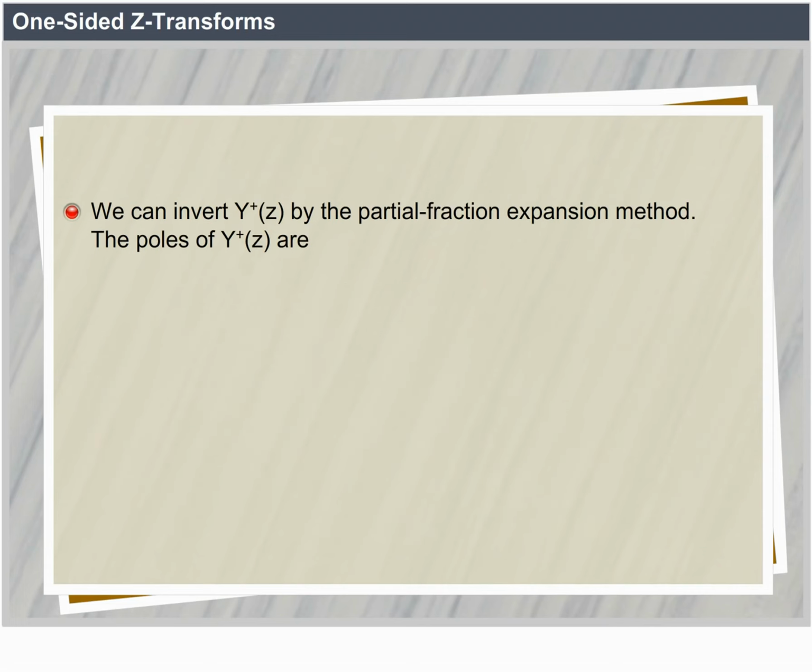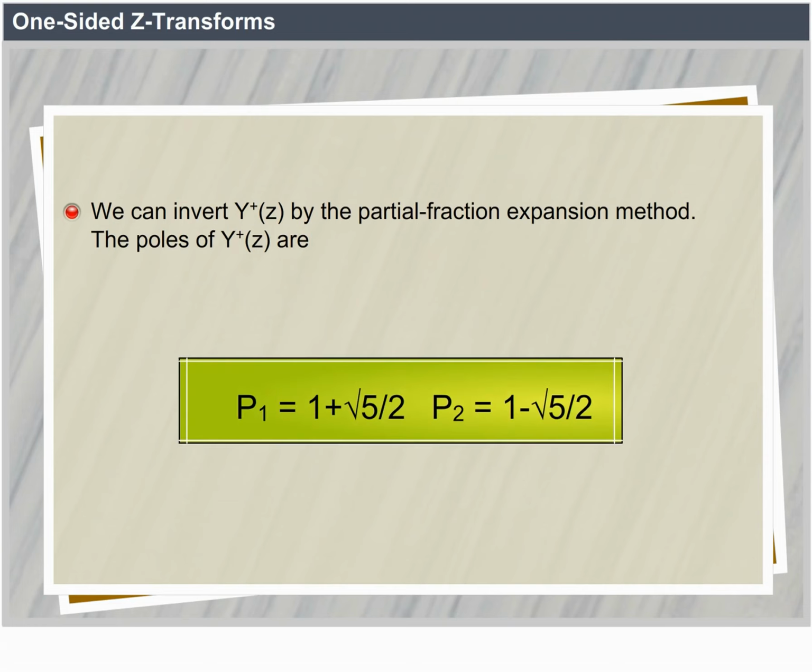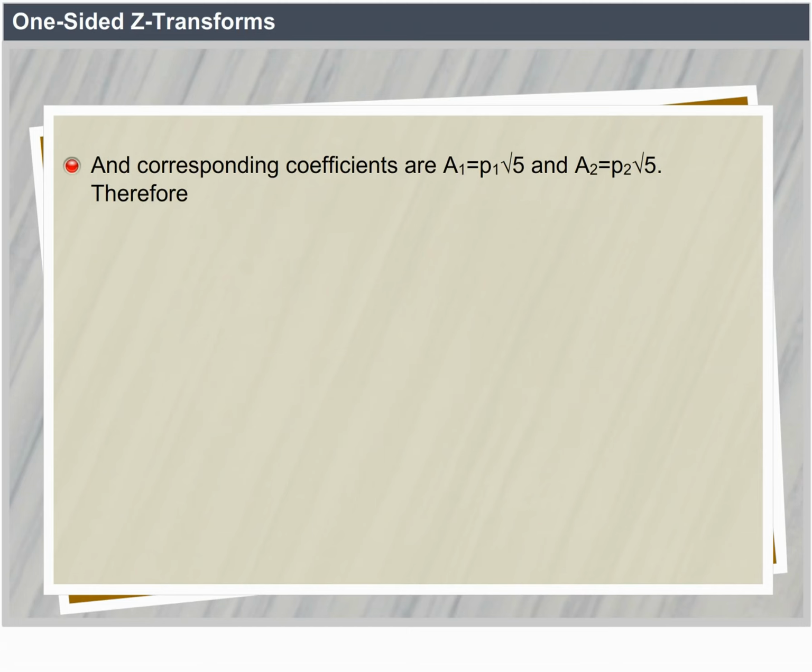The poles of y plus of z are p1 equal to 1 plus root 5 divided by 2, p2 equal to 1 minus root 5 divided by 2, and the corresponding coefficients are a1 equal to p1 divided by root 5 and a2 equal to p2 divided by root 5.